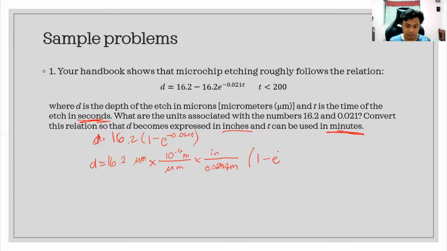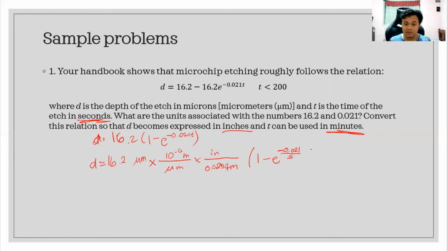As you can see, 0.021 multiplies t, which is required here in seconds, so it follows that it has a unit of per second.